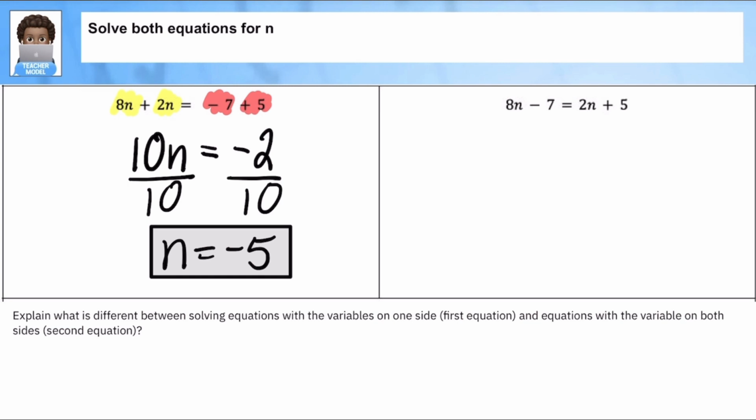And here I'm looking at each expression, and both expressions are simplified. I have 8n minus 7 and I have 2n plus 5. So now what you want to do is you want all your variables on the same side, and you can make decisions here.